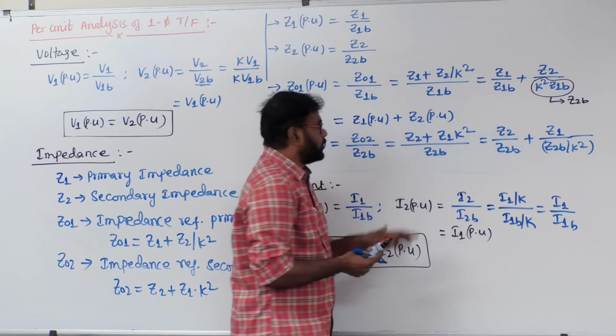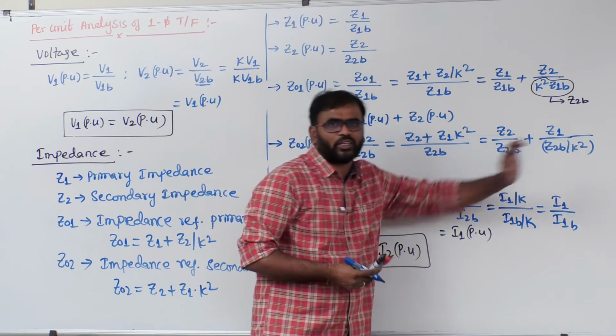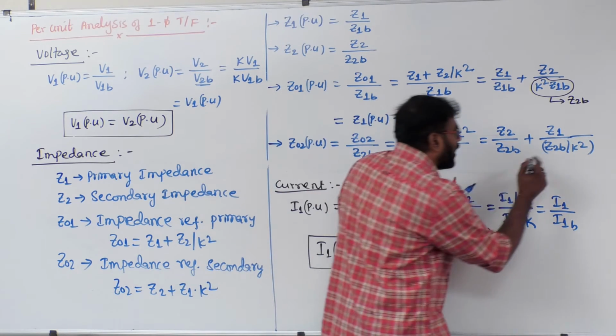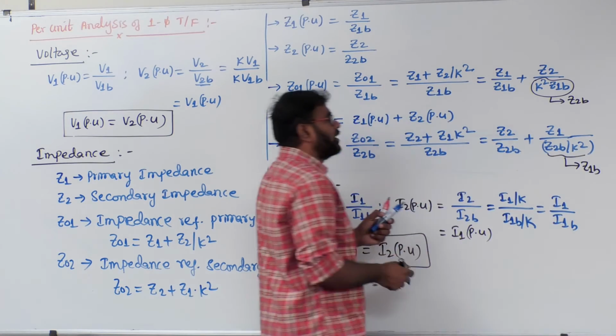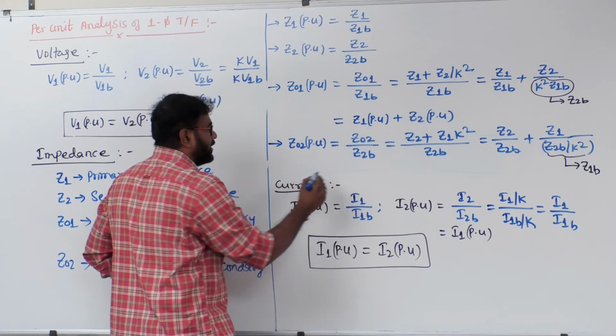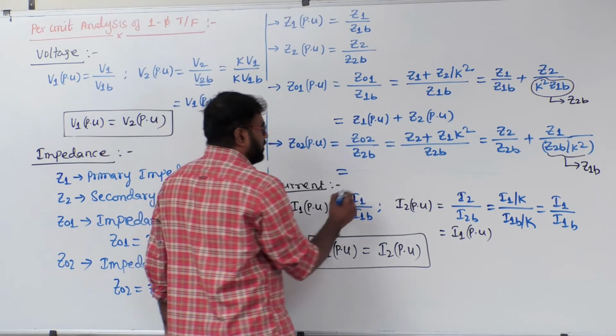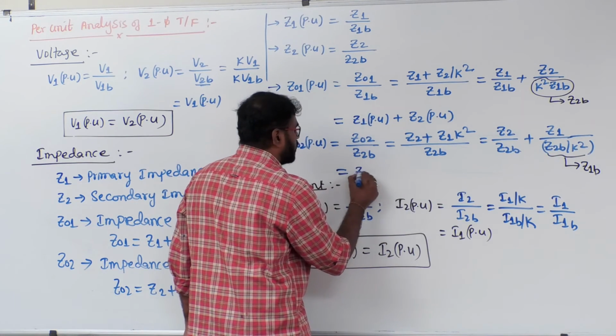Have a look. Z1 K square by Z2 base, I can also write Z1 by Z2 base by K square. But what is this term? Z1 base. The term represents Z1 base. Now have a look, what I get here. I get Z2 per unit and this is Z1 per unit.